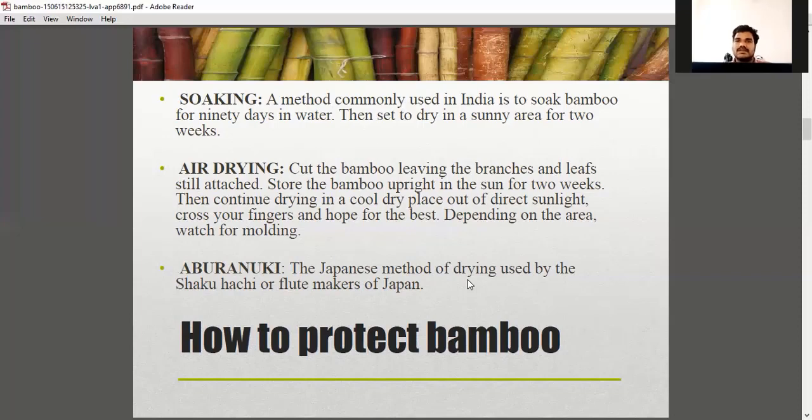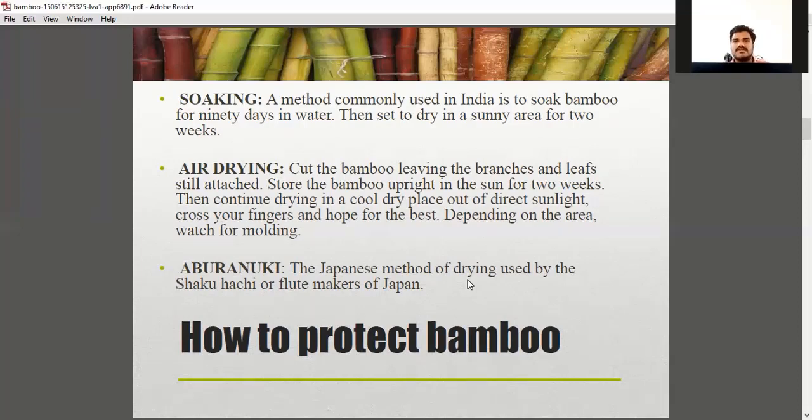The required size and shape of the bamboo you will cut, and you will allow it to dry in the air after removing all the branches and leaves. The drying in the air will happen for 2 weeks. Then this drying has to take place in a dry place where direct sunlight is falling.